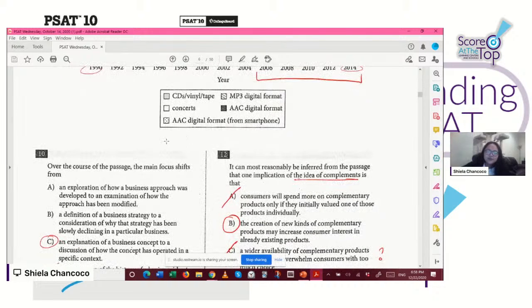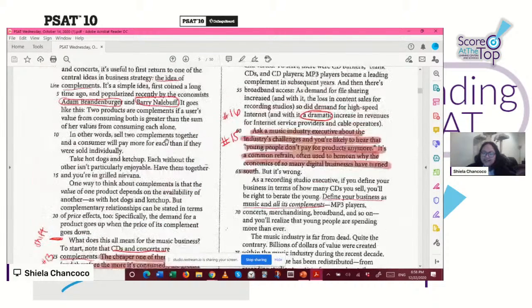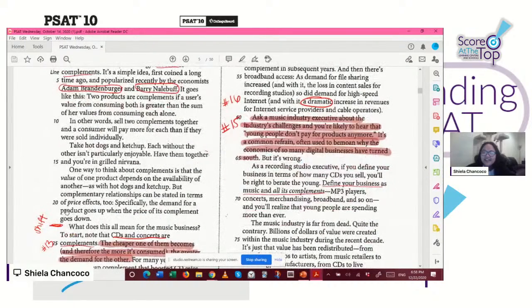All right. So number 10, over the course of the passage, the main focus shifts from. All right. So there's a shift here as well, right? And to me, the shift was from telling you all about economics. The shift is around here on line 23. And now they relate it back to the music business with the CD and the concerts, the initial idea that they were trying to talk about.